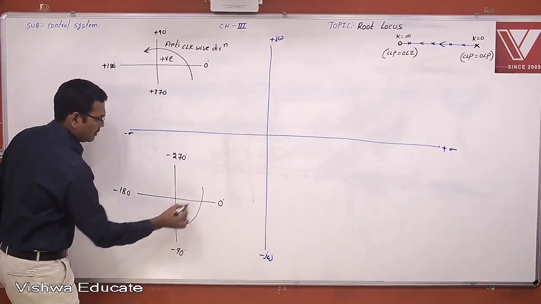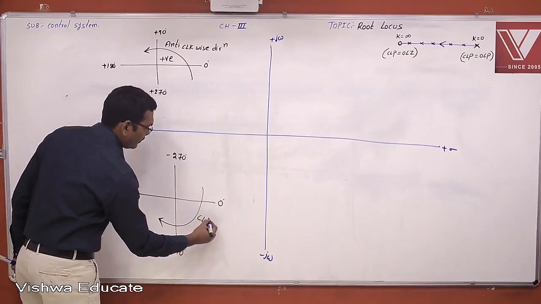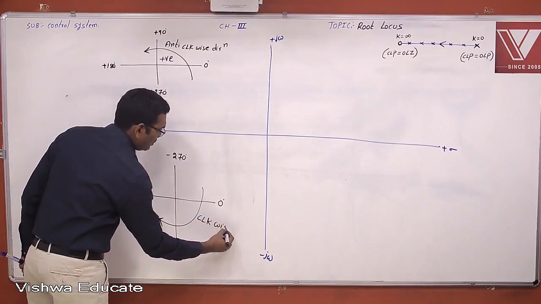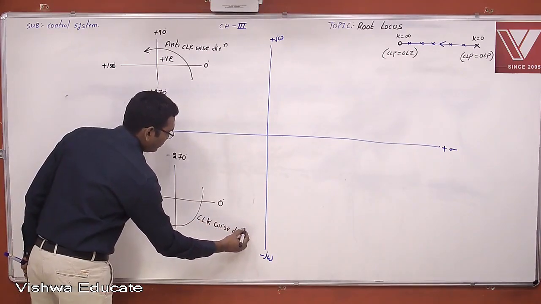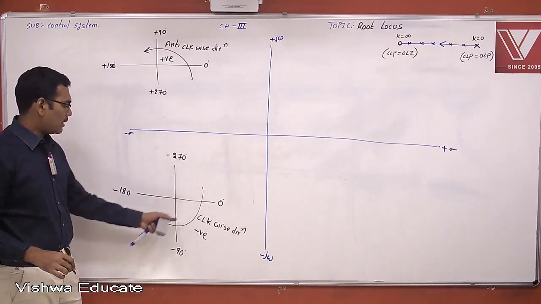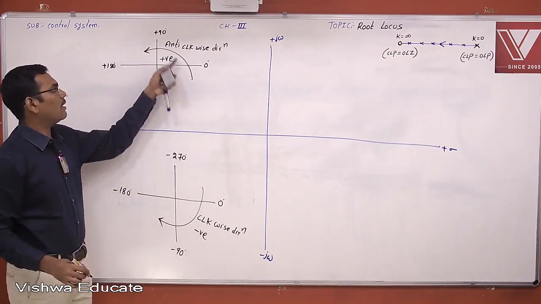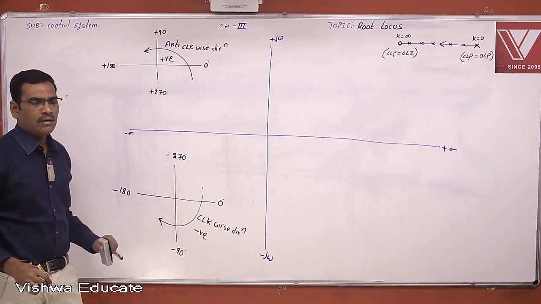This is the clockwise direction, angles are negative, and this is the anti-clockwise direction, the angles are positive. Okay.